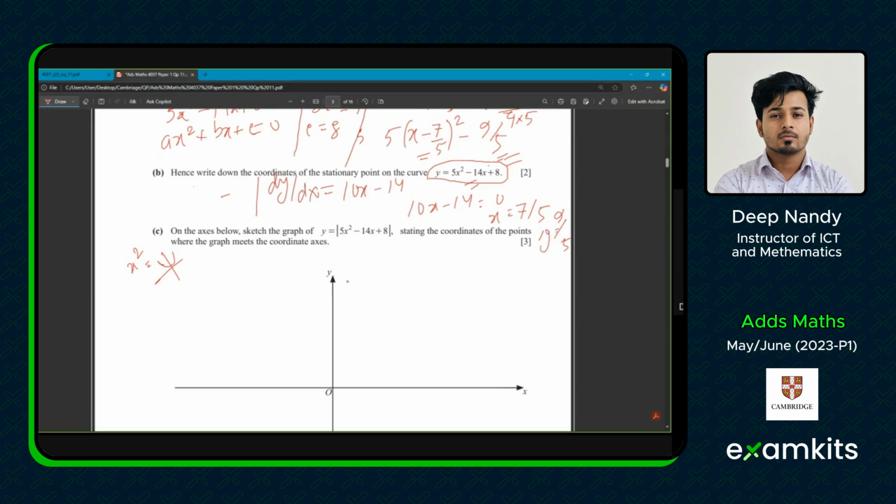Now, sketching the graph. The modulus of a graph means that all the negative points of the graph get reflected into the positive side. Now, y equals 5x square minus 14x plus 8 is a parabolic graph.